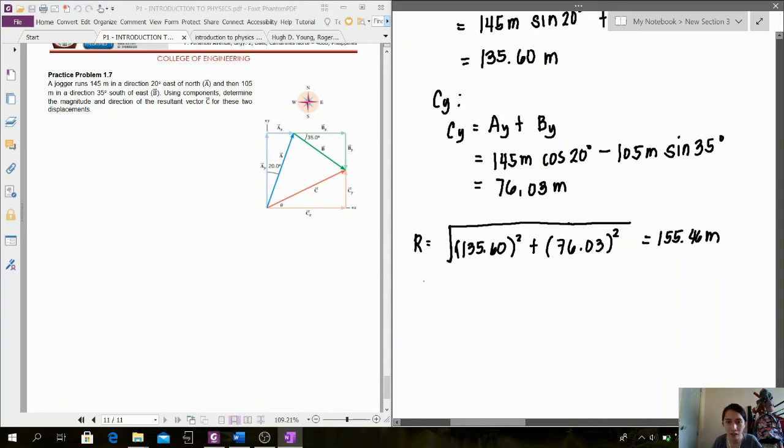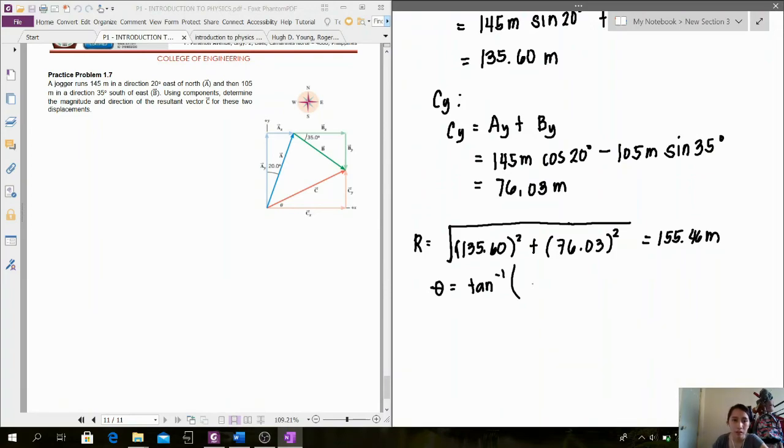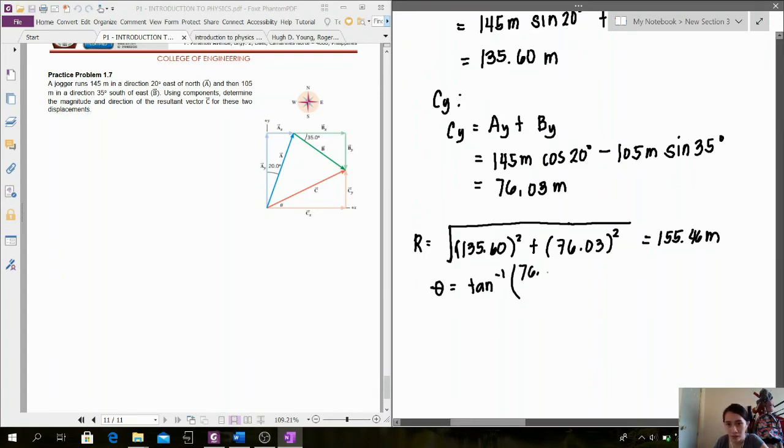As for the angle theta, this is equal to the arctangent of the opposite over adjacent. So this is 76.03 all over the adjacent side, which is equal to 135.60 meters.